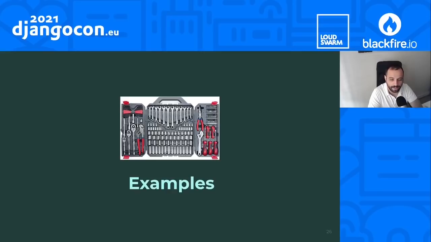Okay, let's walk over some examples in the ecosystem to understand what these tools provide for us. I'm not in any sense claiming these tools are the best. I just try to show you most of the features available in these different types of profilers.